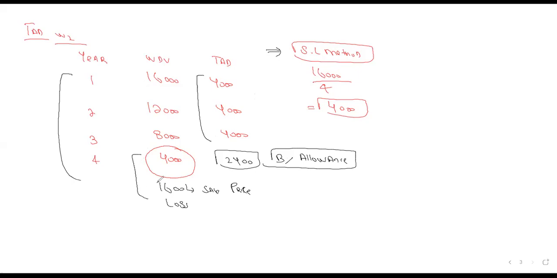But the normal formula which we follow is the 16,000 initial investment minus scrap value of 1,600 over 4, which comes to 3,600.